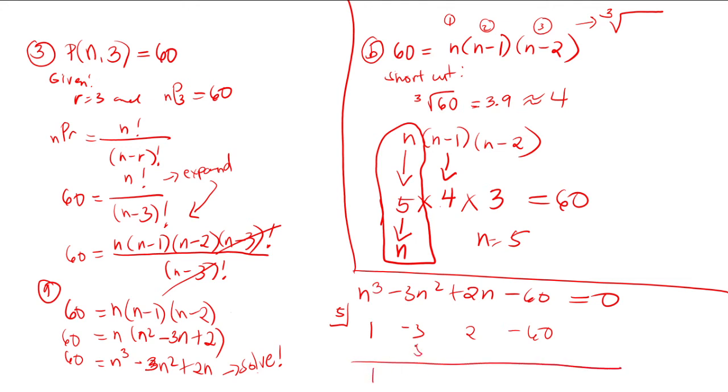So, 5, 5, positive 2. 2 times 5 is ilan? 10 and 12. 12 times 5 is 60. Negative 60 and 60 is 0. So, root is 5. Tama. So, therefore, n is equal to 5. Okay? Mabilisan na lang pagsasolve.